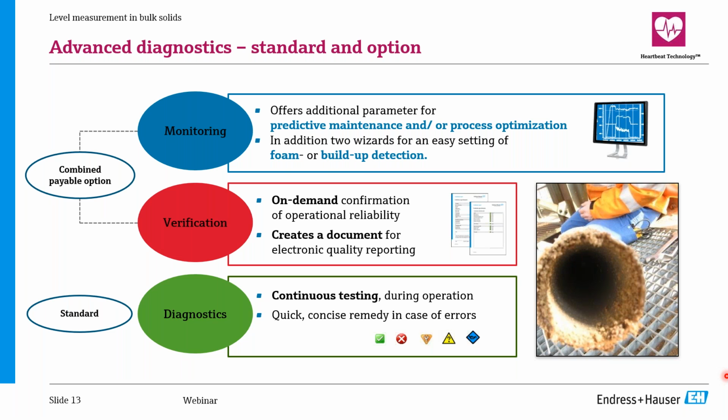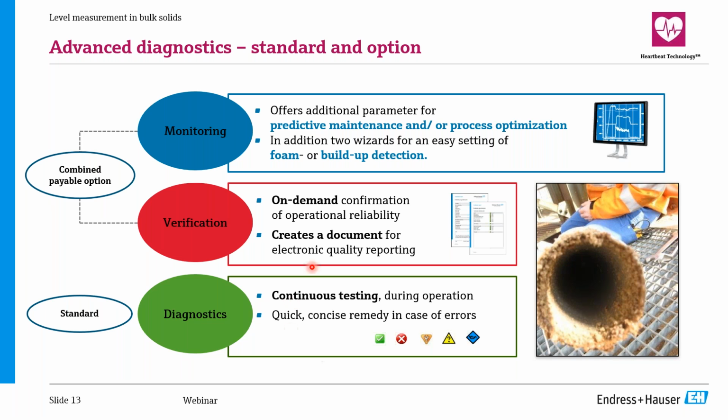The level transmitter will check all internal components to see the actual condition in comparison to how it was when it left the factory, for example. From here, you can identify which components are suffering most of the stress during operation, and you can even predict if one specific component is going to be damaged.